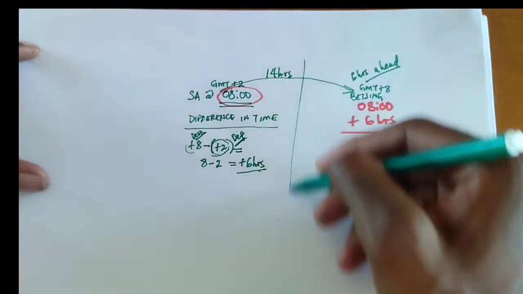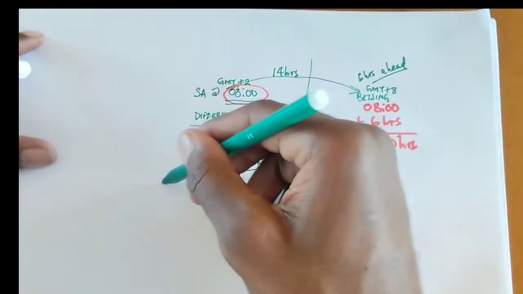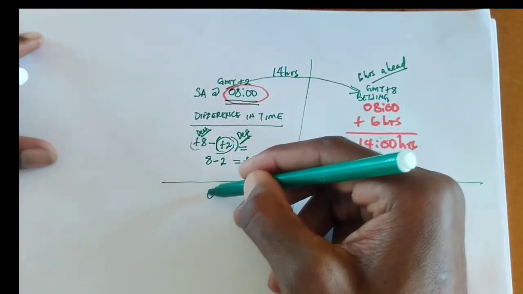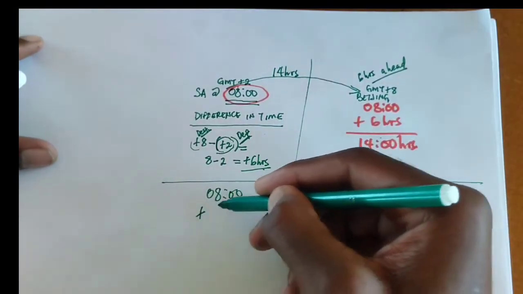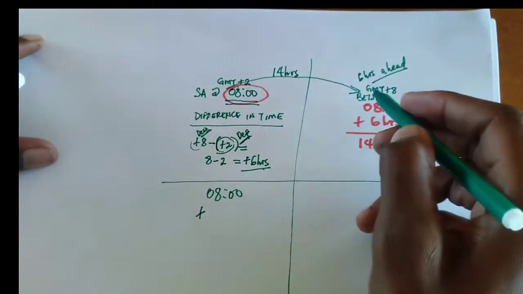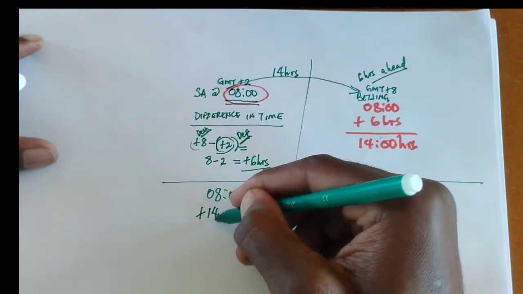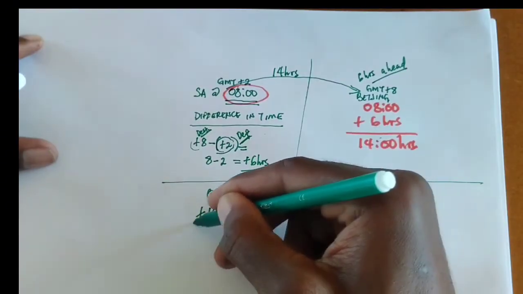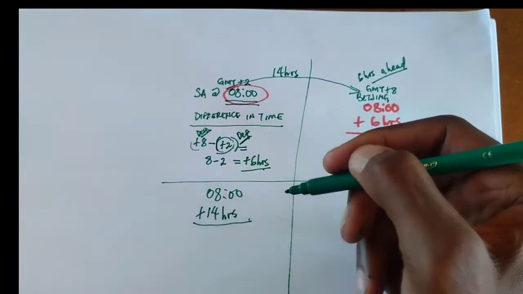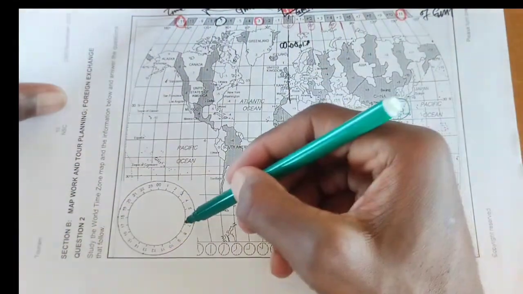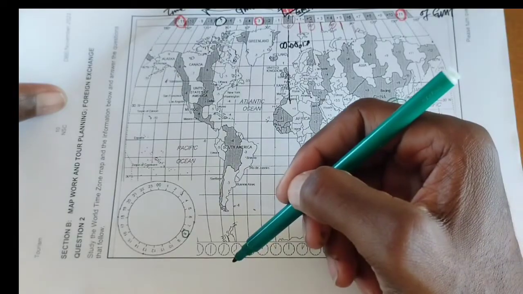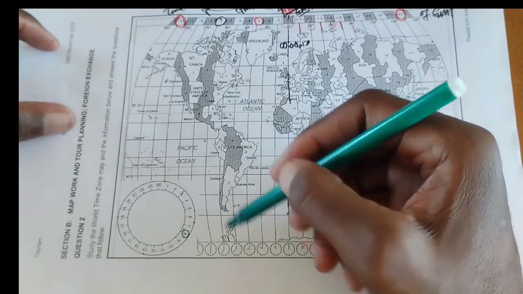So there are 2 ways of doing it. You can say 0800 plus the traveling time, which is 14 hours, you go on your time zone table. You go to 0800 plus how many hours? Plus 14.